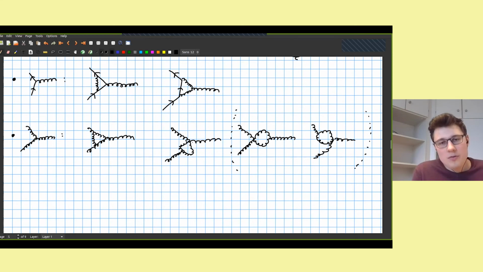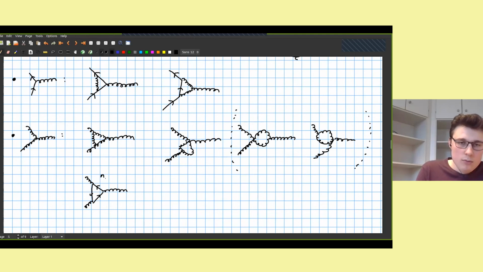So that's the four-gluon vertex. What is missing again is the quark-gluon vertex, and also quite comparable to the gluon propagator, we get this quark triangle here. So again, we have this quark loop, which is proportional to the number of flavors hidden in this vertex.